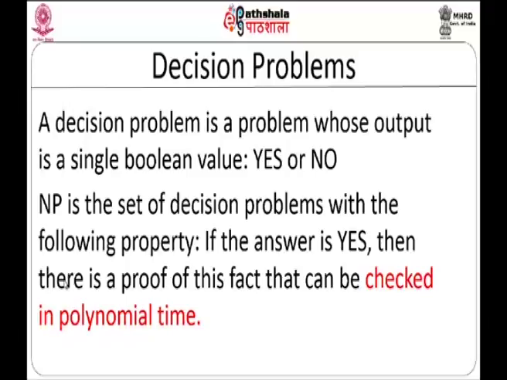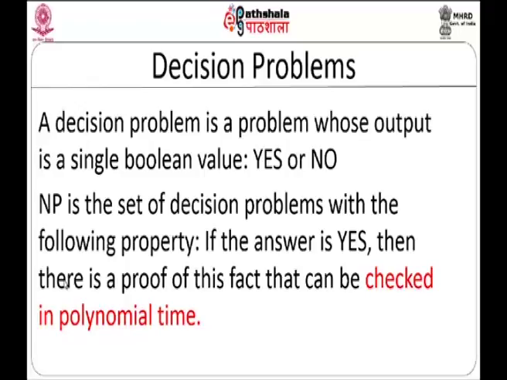Fine. Most computer science problems are optimization problems. These problems need to be converted to decision problems, and in the last module we discussed informally the conversion of optimization problems to decision problems.